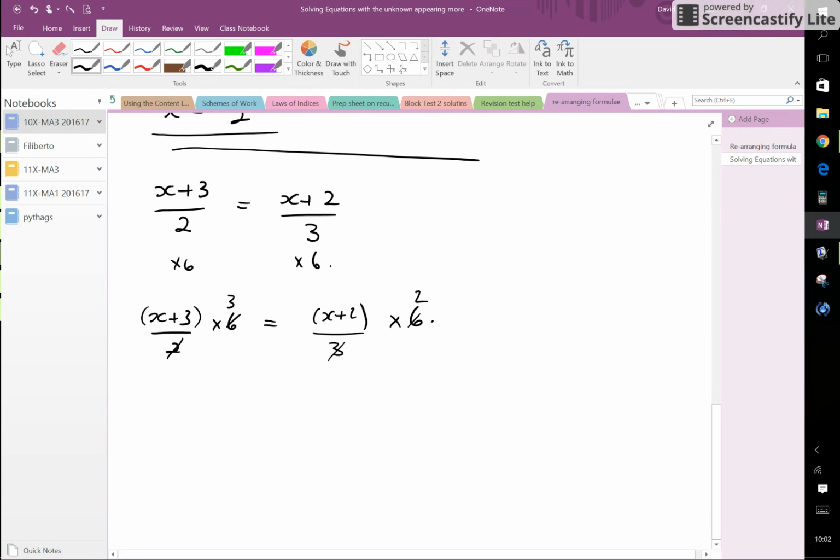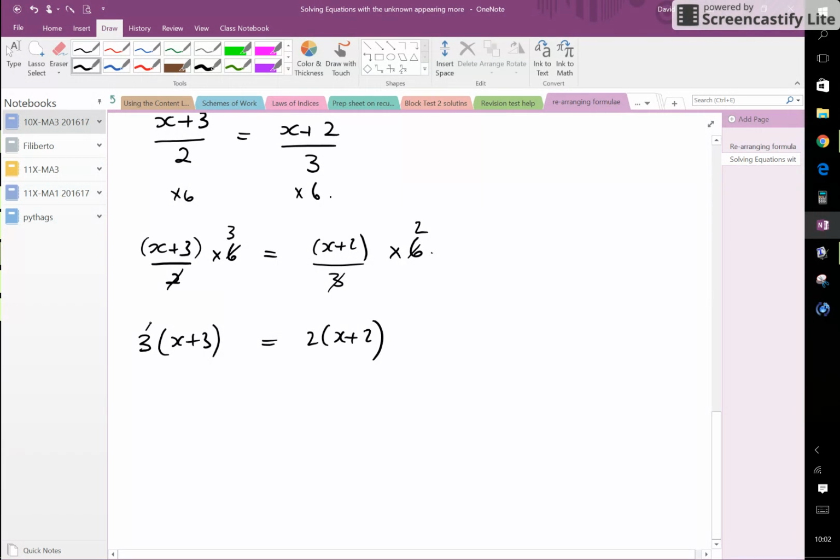So now we're left with this bracket times 3, and we can rearrange the order of those if we wish. Now we're left with a similar example as before. So we multiply out the brackets, and we get 3x plus 9 is 2x plus 4.